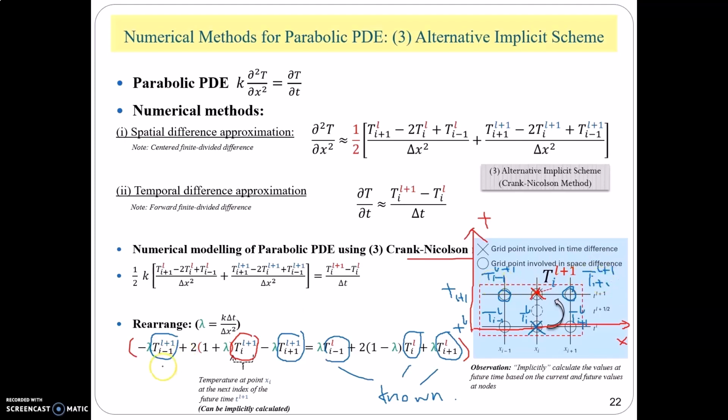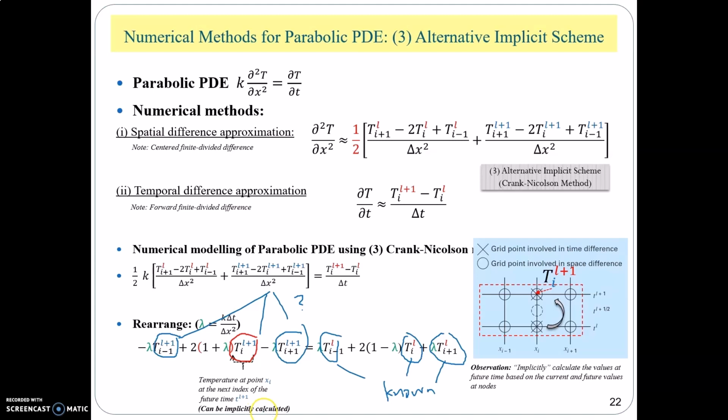For the temperature at the future time index, normally we don't know, and these are the temperatures that we want to determine. So you can see we have 3 unknowns in one equation here. Therefore, to find the unknowns, we need to implicitly calculate them by using the matrix method like the previous example.